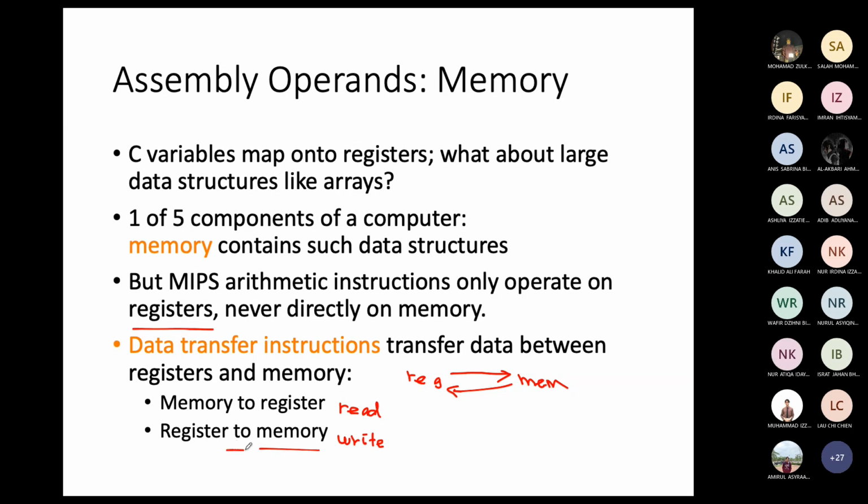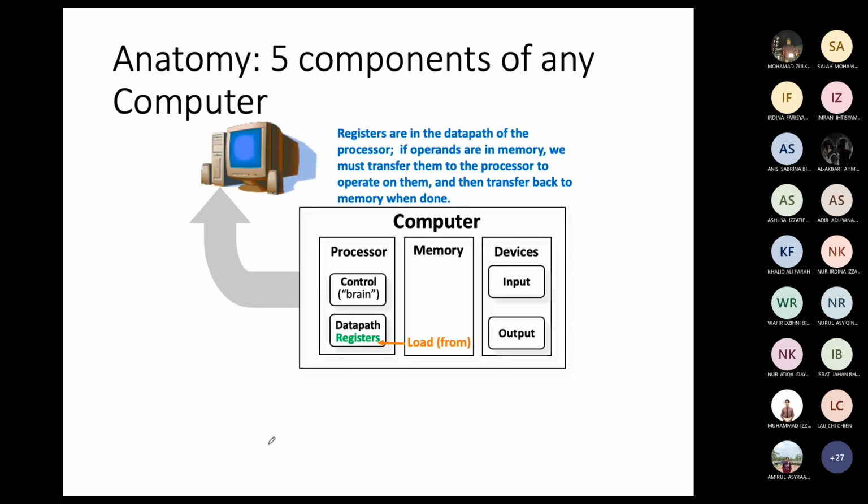The arrow here shows the direction of the data transfer: from memory to register is read, and from register to memory is write.